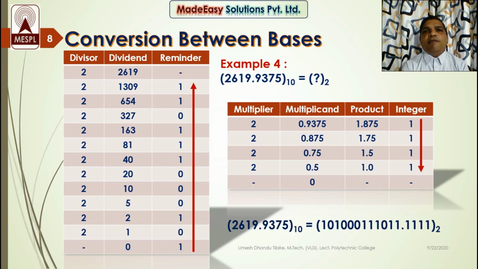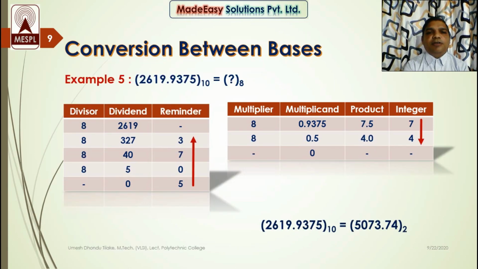Now in the next example we will see how to convert a decimal number into an octal number. I have considered the same number and followed the same procedure: when we convert the integer part of a decimal number into the given base, we divide the integer part by the base of the required number system and consider the remainders in reverse order.